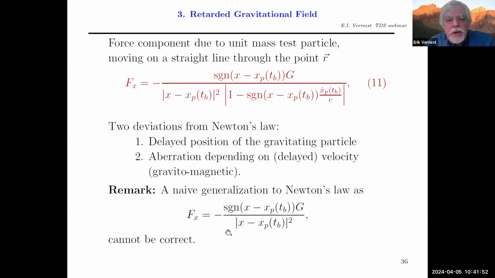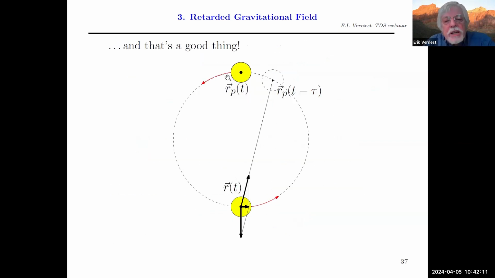And we should be careful, because you might have thought that the generalization of Newton's law would simply be replacing x minus x prime by the delayed version, but that's not true because it misses this gravito-magnetic term. And that's a good thing, because if you have a binary star system like this, and the force is directed towards the past position, then the gravitational force would point to this one.